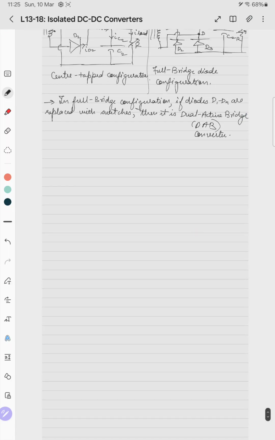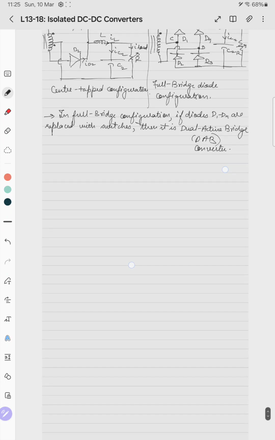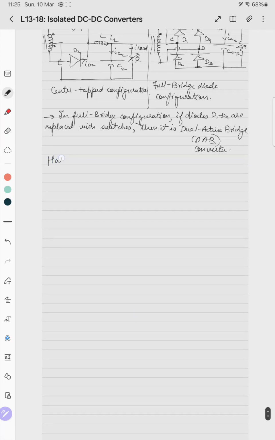So if we draw the input or the primary side waveforms for the converter, it will be like this.